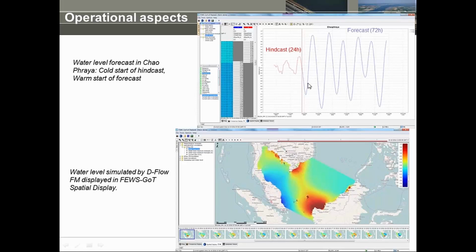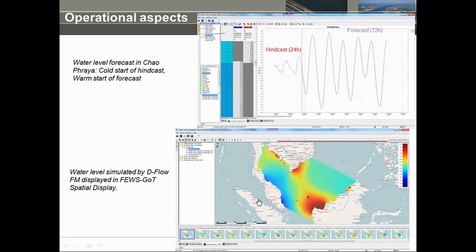The forecast always starts from the warm states provided by the hindcast simulation, and the hindcast starts from the warm states provided by the previous hindcast simulation. So if, for whatever reason, for the last 48 hours there is no forecast available, then the hindcast will automatically start from cold states.